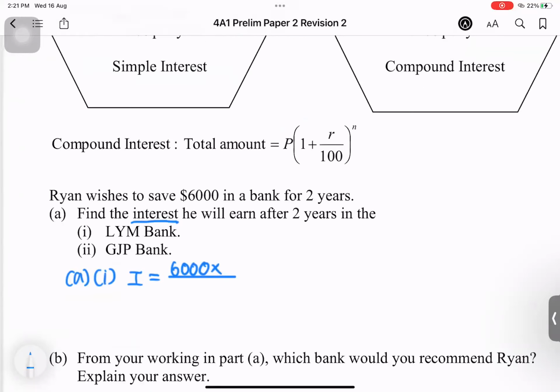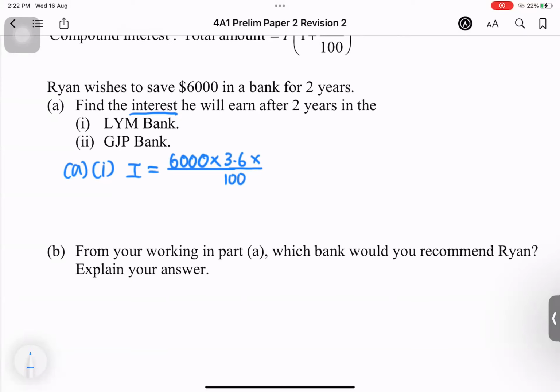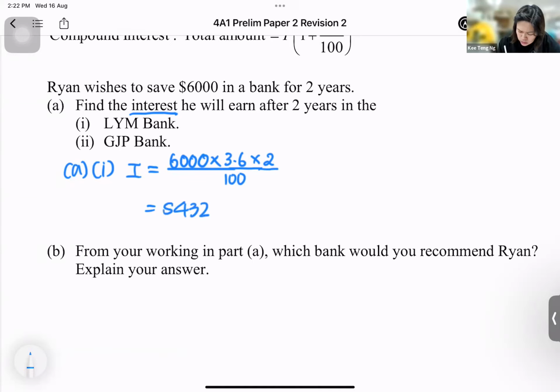Yes, thank you. 3.6 over 100 times how many years? 2 years, right? Then we calculate this amount. What's the answer? The answer is 432. This is only just the interest, right? I do not need to add or subtract any number.